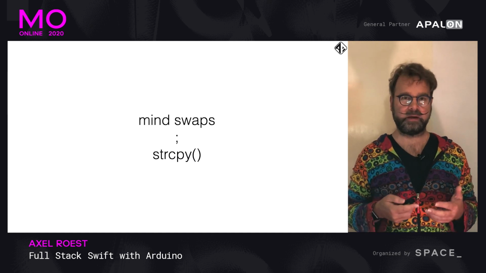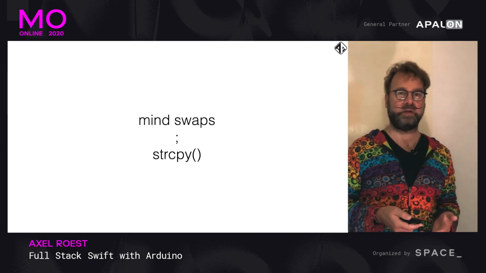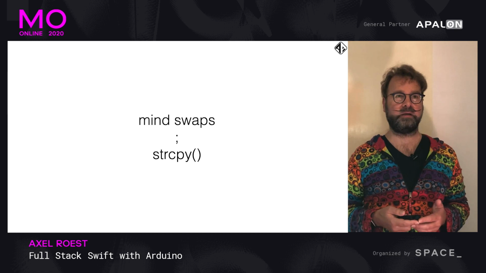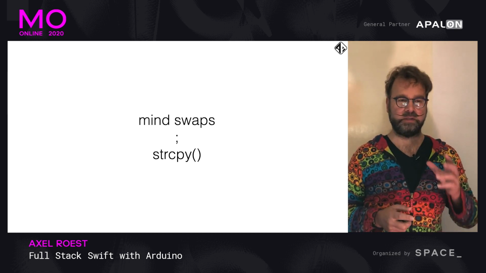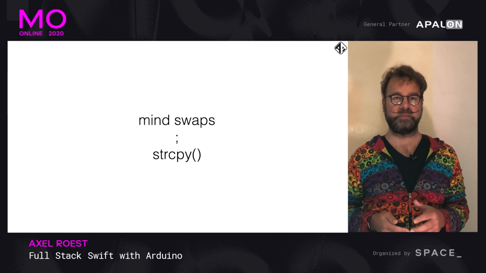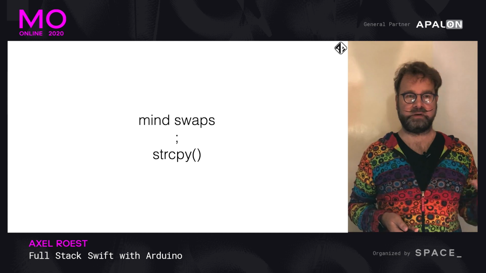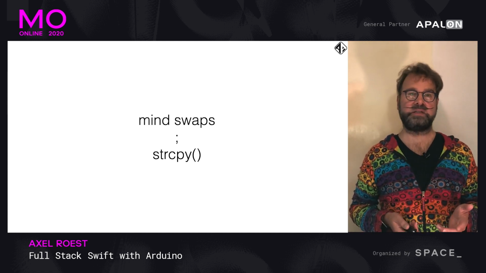Every time I switch back from iOS or Mac development to embedded development, I get all these mind swaps. For example, I created a little device recently which needed to be used in multiple locations. So I needed an array with multiple Wi-Fi networks. So I created an array, but string arrays in C are terrible.